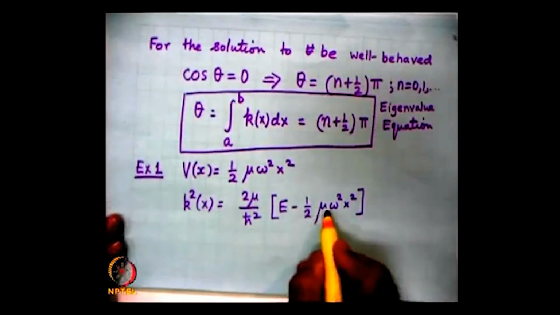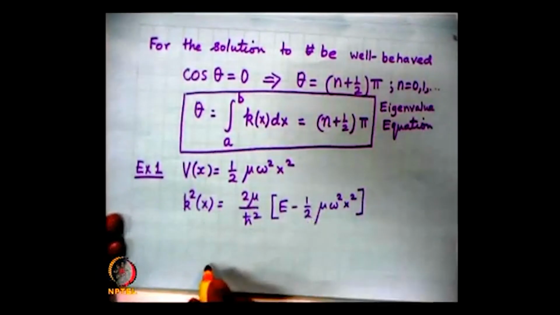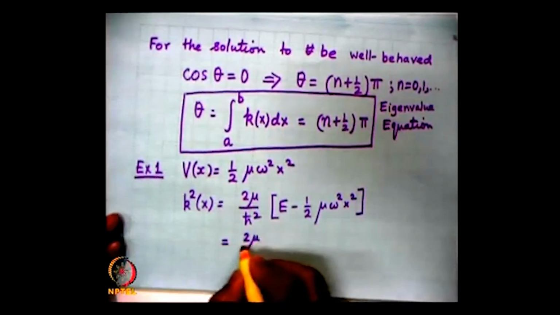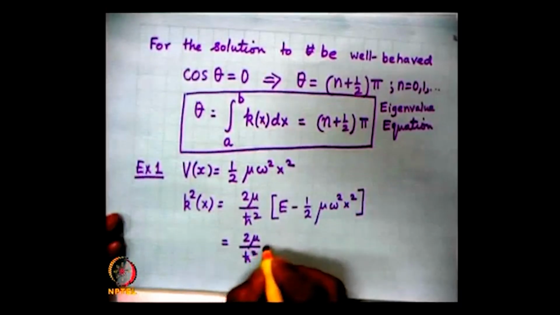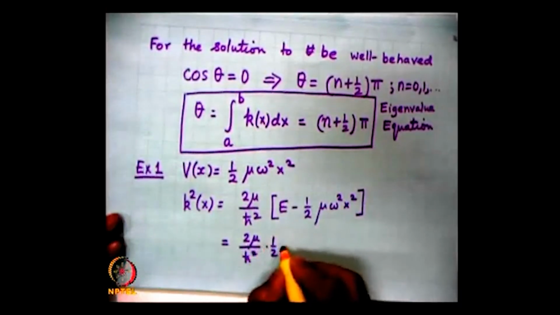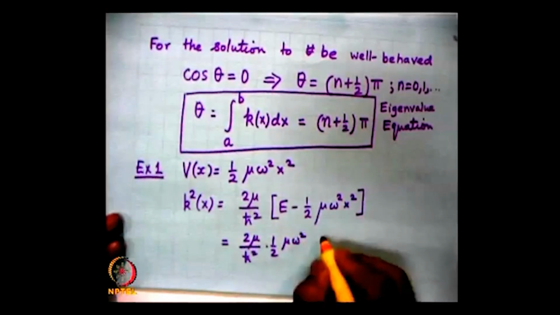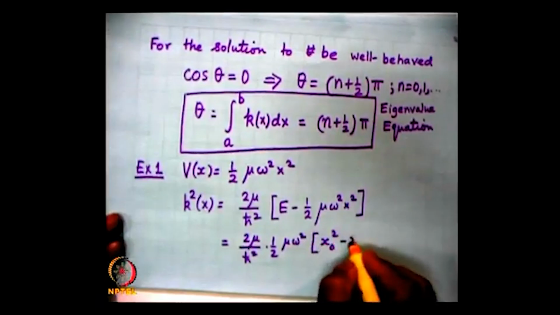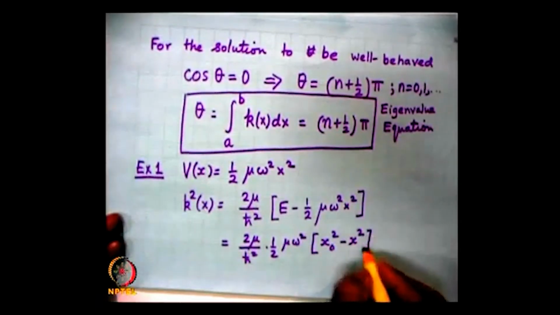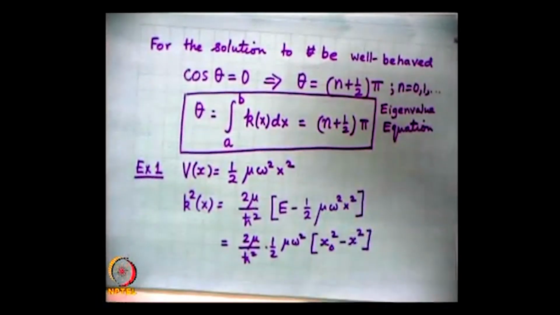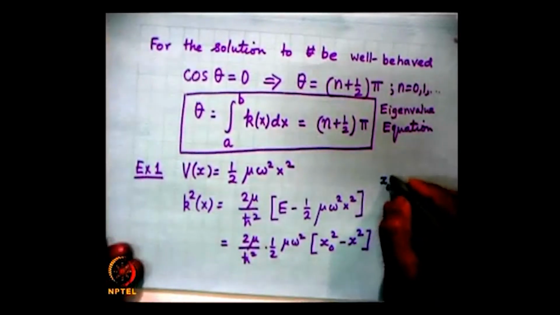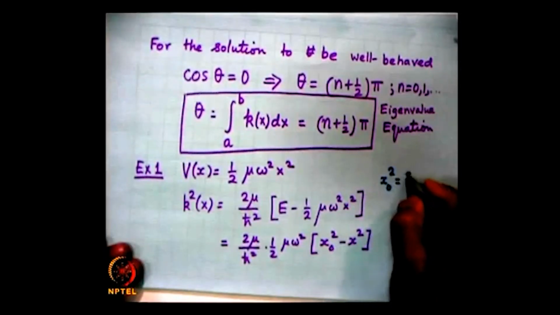If I take out half mu omega square outside, this becomes 2 mu by h cross square times half mu omega square, and I write x naught square minus x square, where x naught square is equal to 2E by mu omega square.